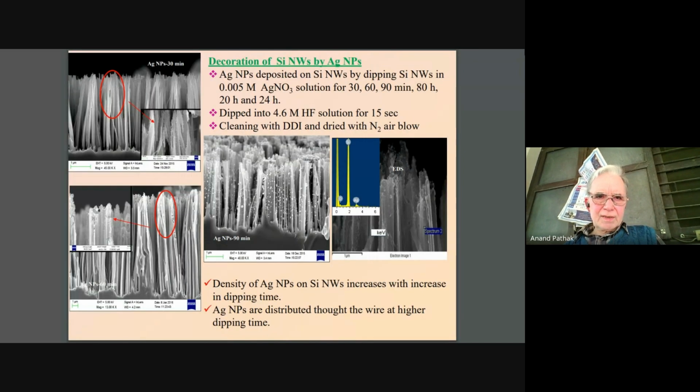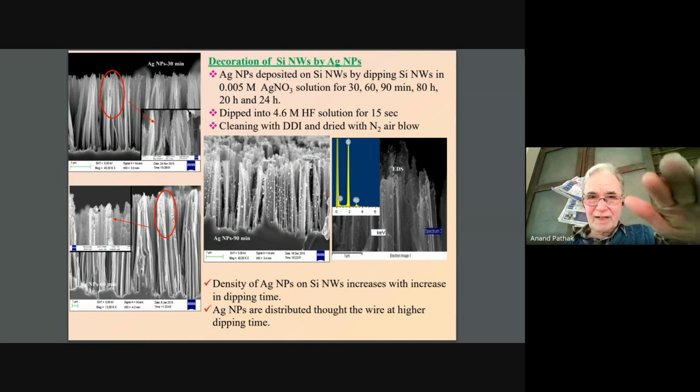Because the surface is most important, many nanowires are made of silicon, and on that you dip into silver material and the silver nanoparticles deposit on the silicon nanowires. That gives an order of magnitude higher accuracy of determination. The accuracy of determination is at least 2 orders of magnitude. Next one.